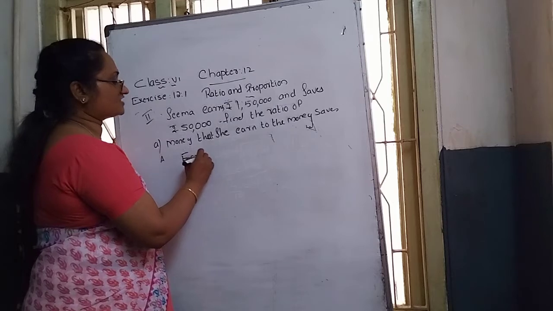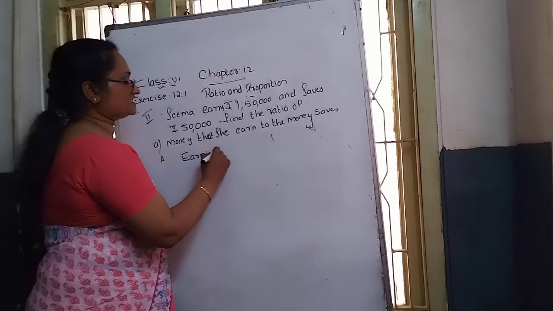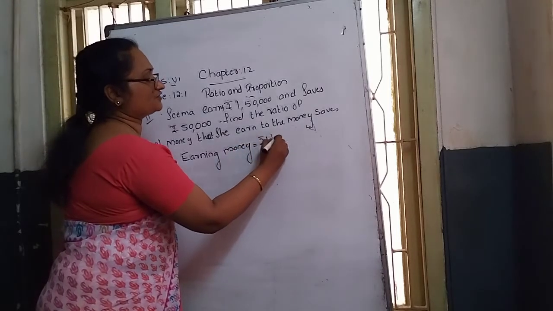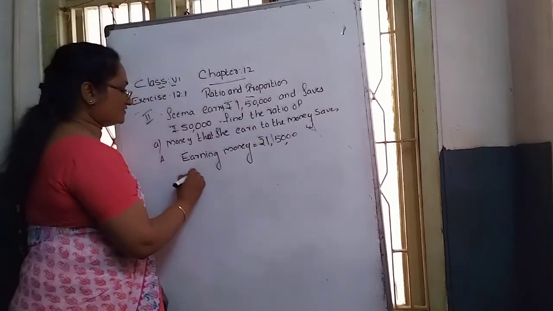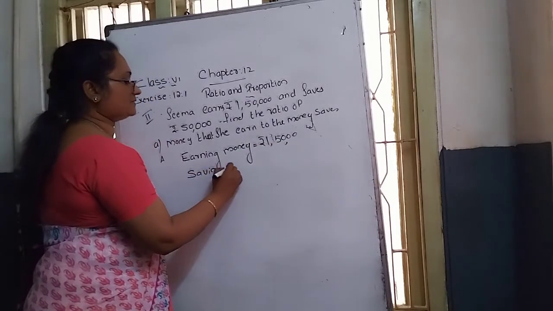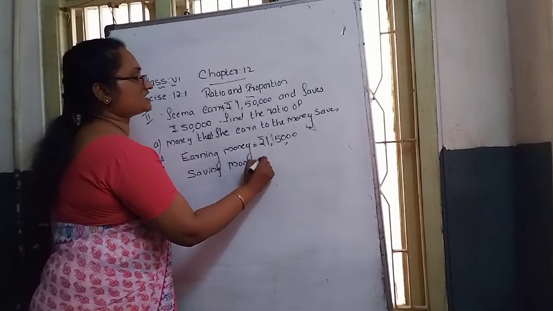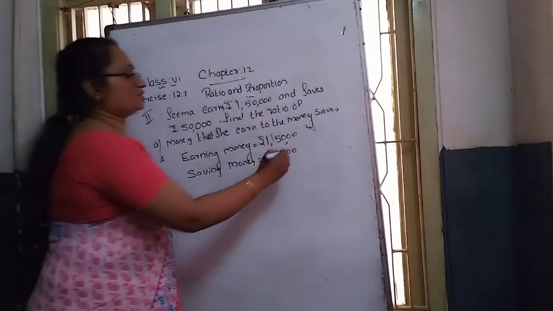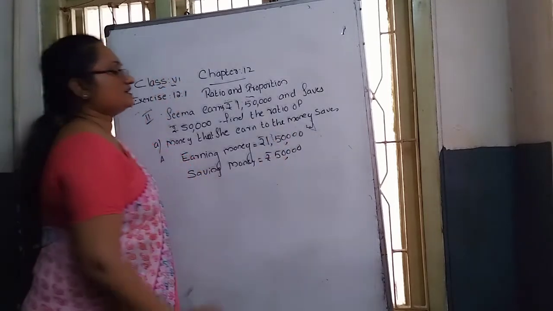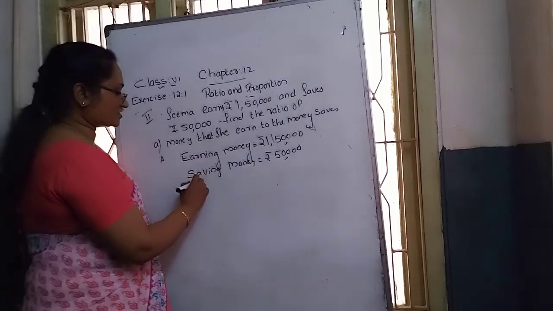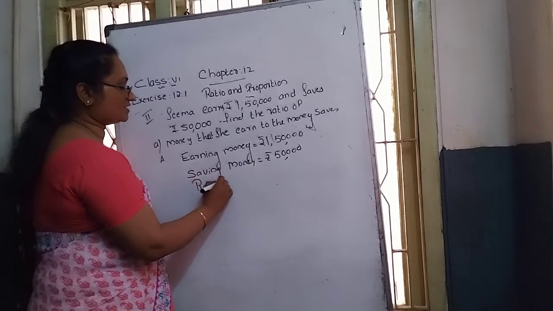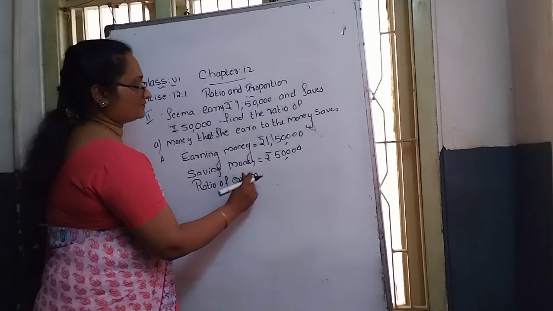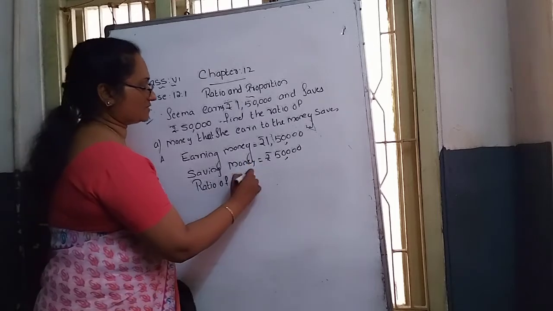So first we write earning money is equal to 1,50,000 every year. Saving money is rupees 50,000, her saving amount. Now we find the ratio of earning money to saving money.